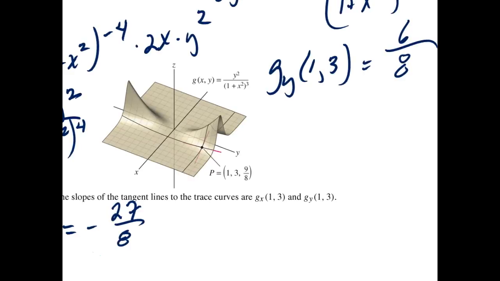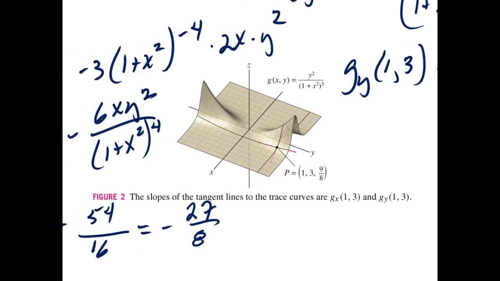3/4 was the other one. I couldn't remember. The partial of this function with respect to y when x is 1, you're on this curve, and the change with respect to y would be here.